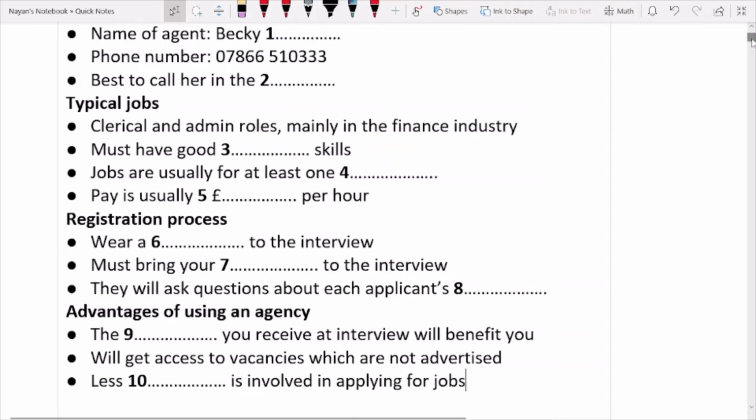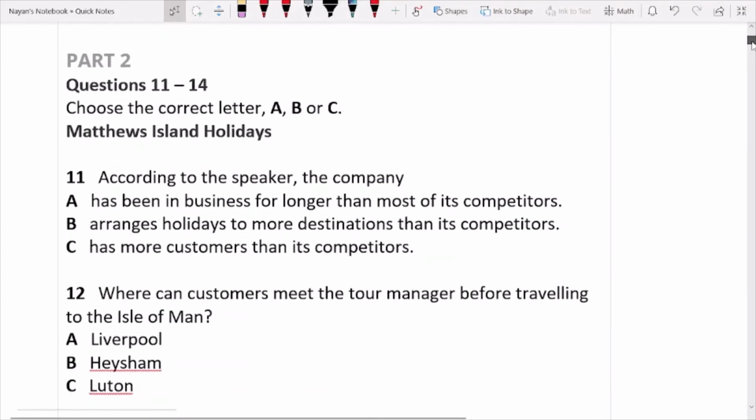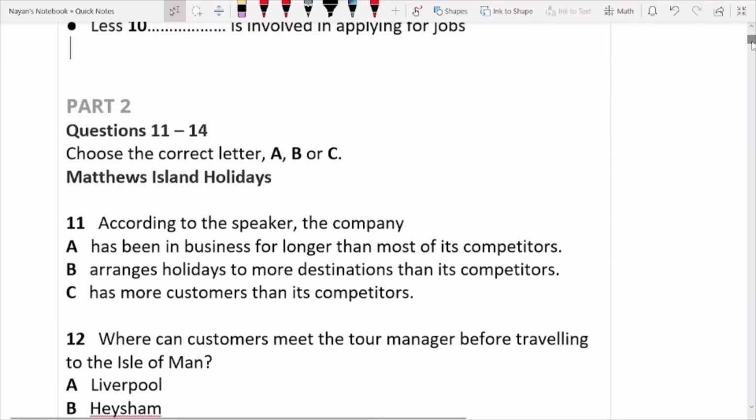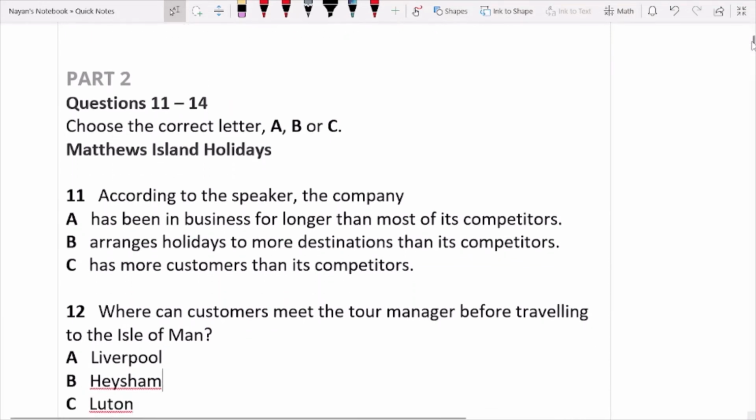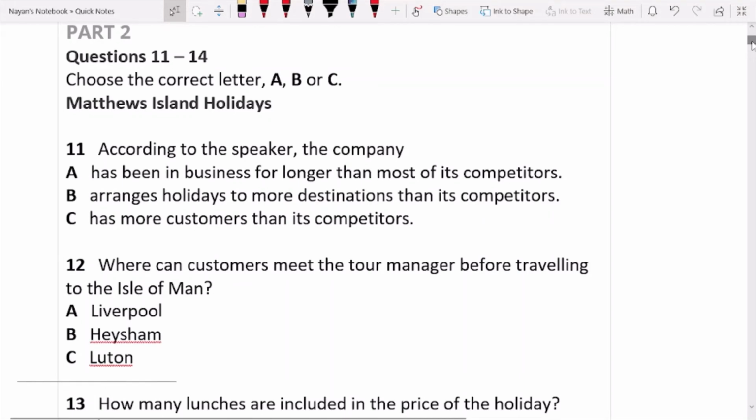You will hear a woman giving a presentation about a holiday on an island in Britain that her company organises. First, you have some time to look at questions 11 to 14.